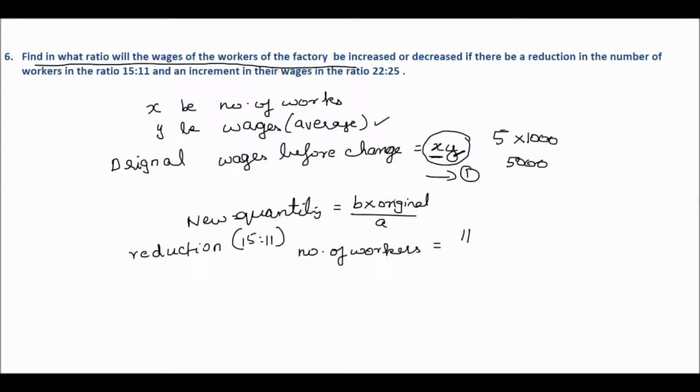B is 11 and A is 15, so the number of workers is 11x by 15.